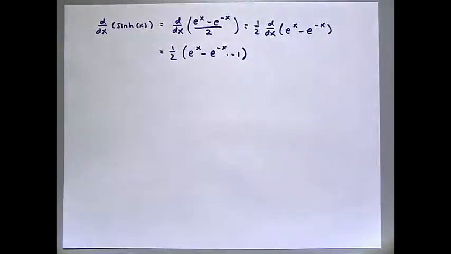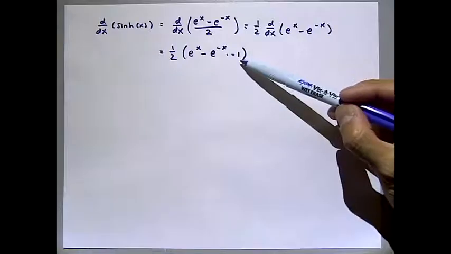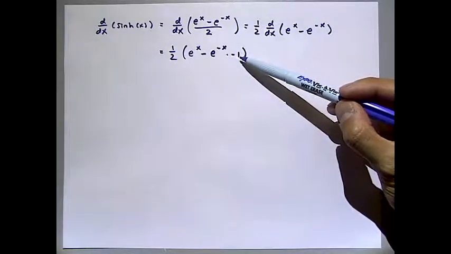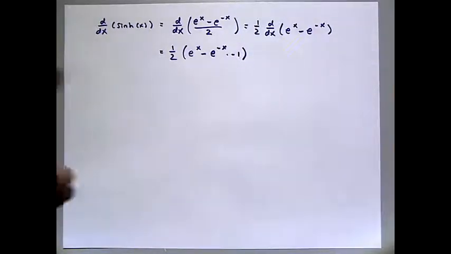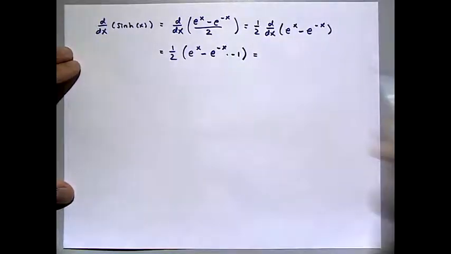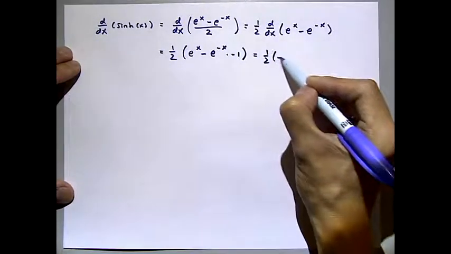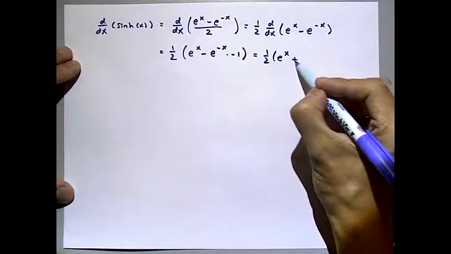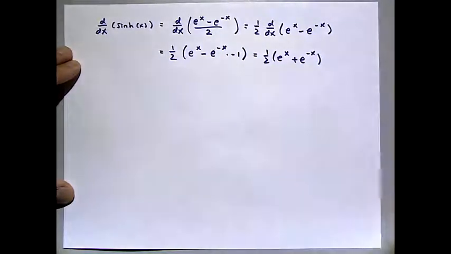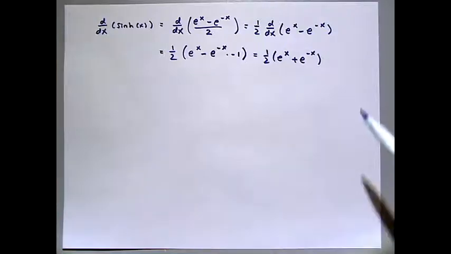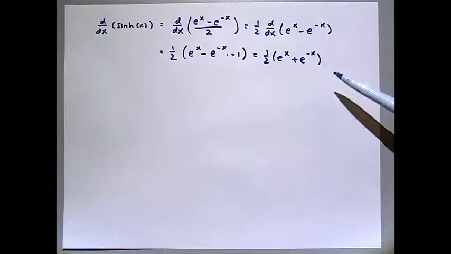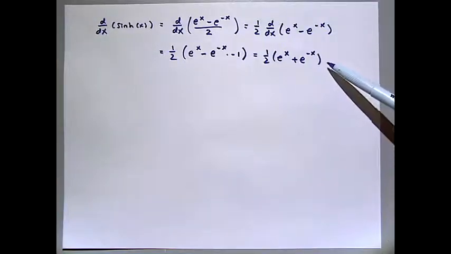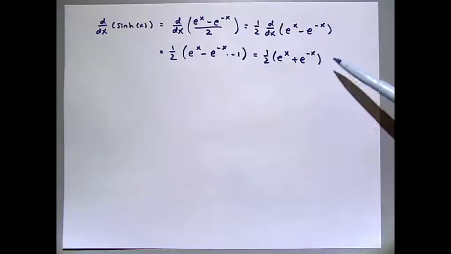The power is no longer just an x, so we have to account for that by multiplying by the derivative of that power, hence the minus 1. So at the end of the day, this is 1/2 e to the x plus e to the minus x, which, if you look back to the last page, by definition, is the hyperbolic cosine.